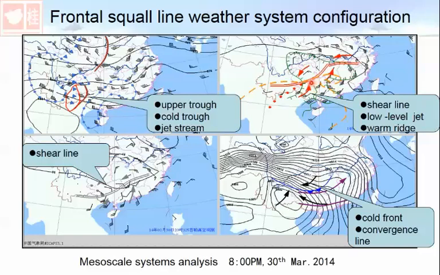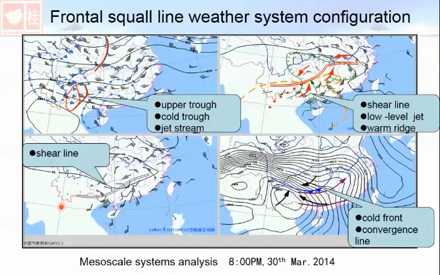The eastern part of Guangxi was in the convergence ascending area between the exit area of the jet stream and the axis of the jet stream. Meanwhile, the low-level jet is conducive to water vapor transport. The warm ridge extended from the north of the Indochina Peninsula to Guangxi.